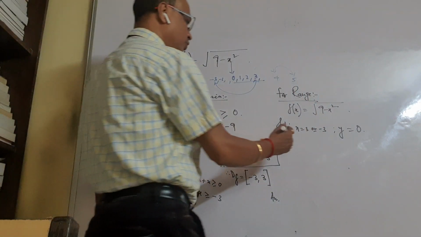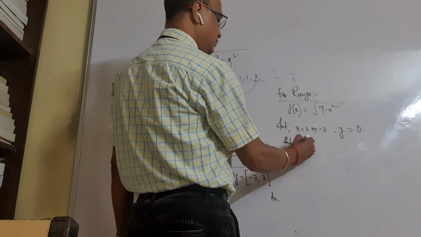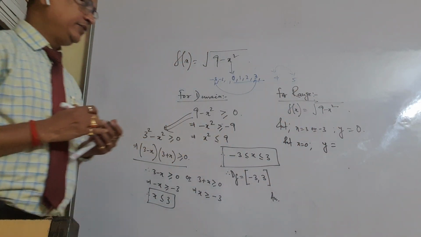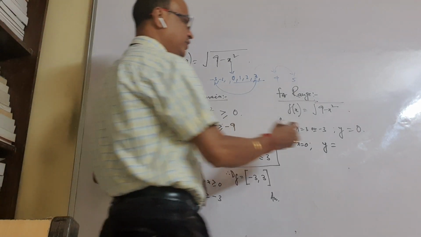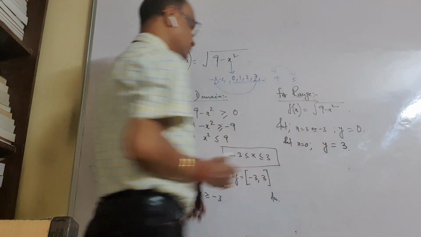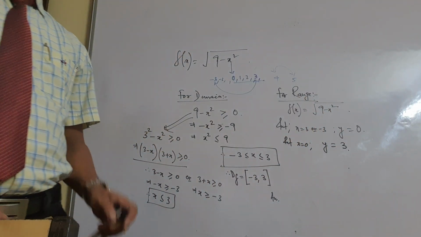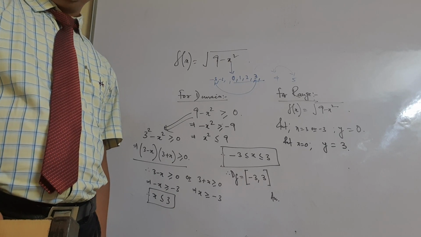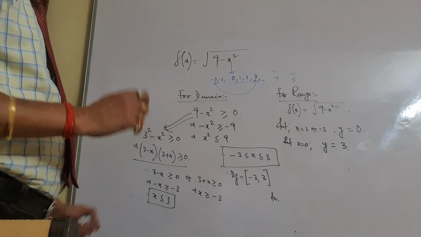But if you put x equal to 0, then what do you get? y equal to 3. Am I right? Now tell me one thing.